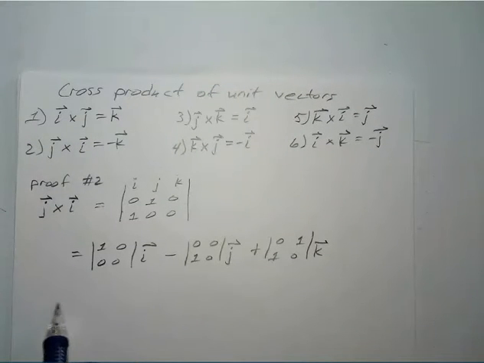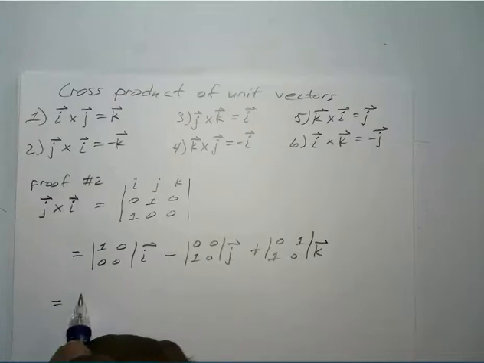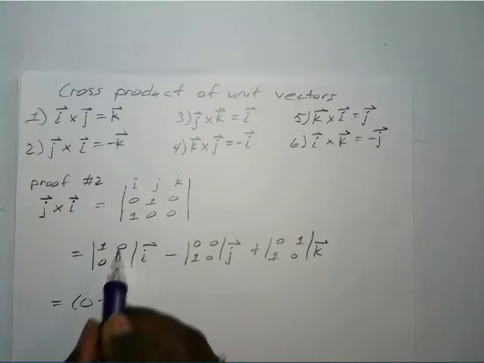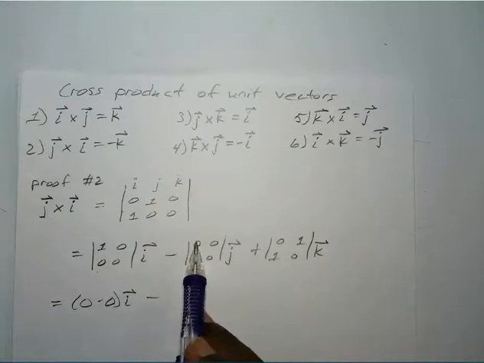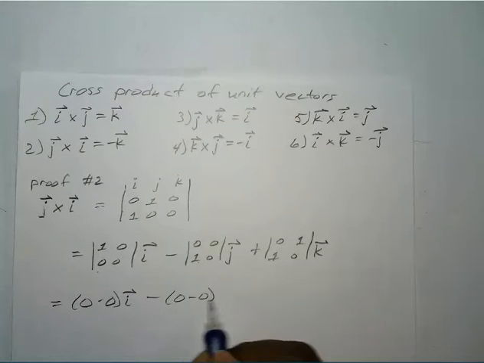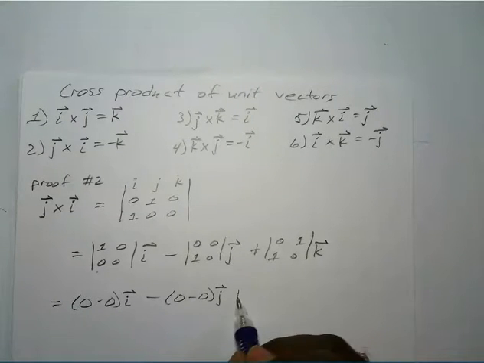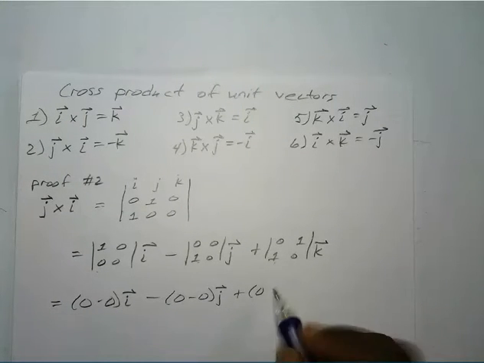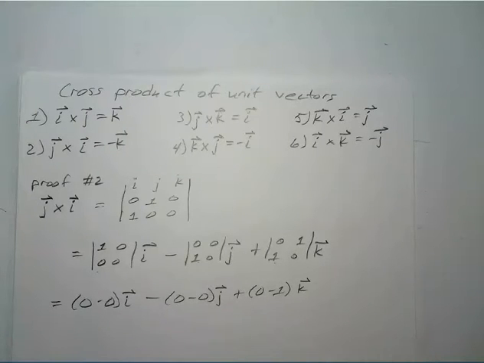All right, so if we go ahead and do 1 times 0 minus 0 times 0, times our I vector, minus 0 times 0 minus 0 times 1, that's 0, times our j vector, 0 times 0 minus 1 times 1, that's negative 1, times our k vector.